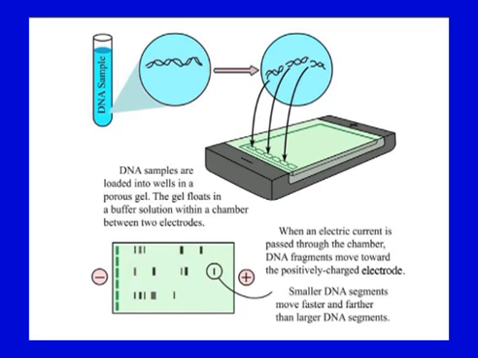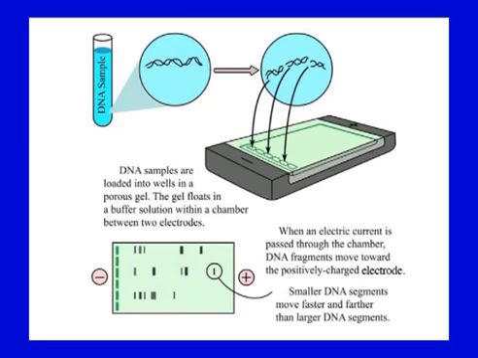So, you load this with a pipette into the wells. The sample is prepared in a high density solution, like a sucrose solution, or maybe glycerol could be utilized, so that your sample settles down and does not float or diffuse in the buffer. So, it settles at the bottom of the well.